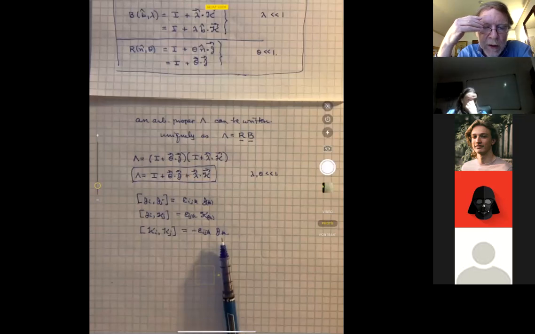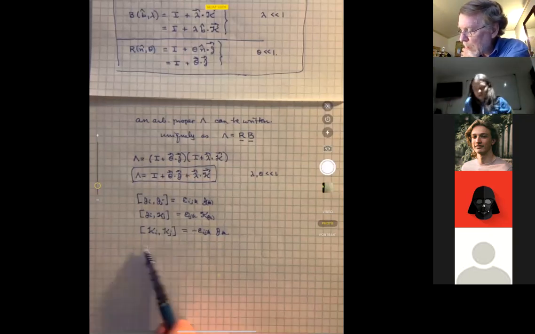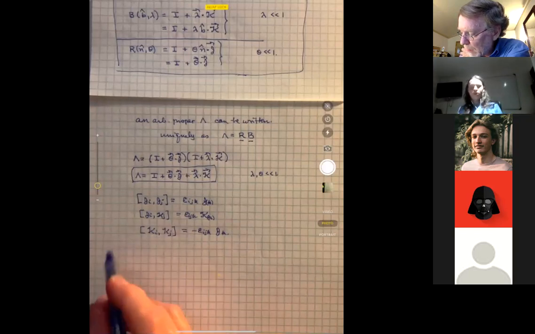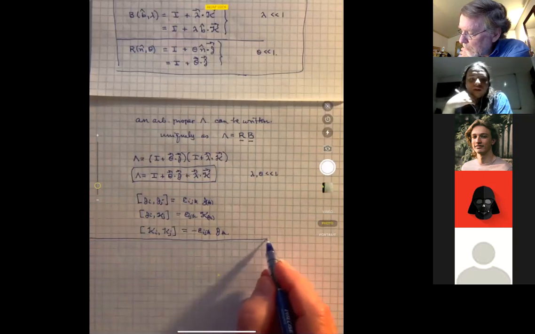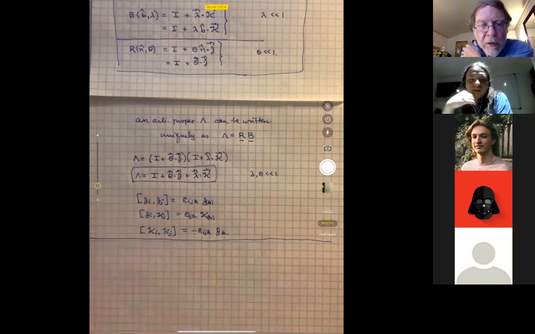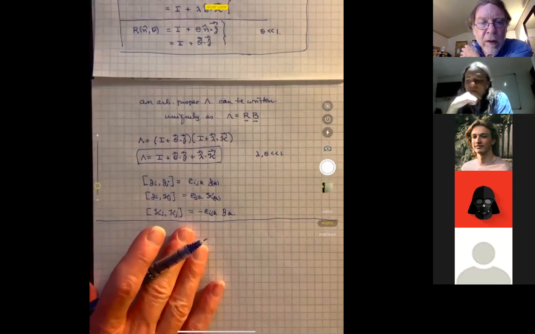This is an important issue in the spin-orbit interaction, which is one of the fine structure terms. Anyway, this commutator is the beginning of the story of Thomas precession. So that's one story of infinitesimal Lorentz transformations.